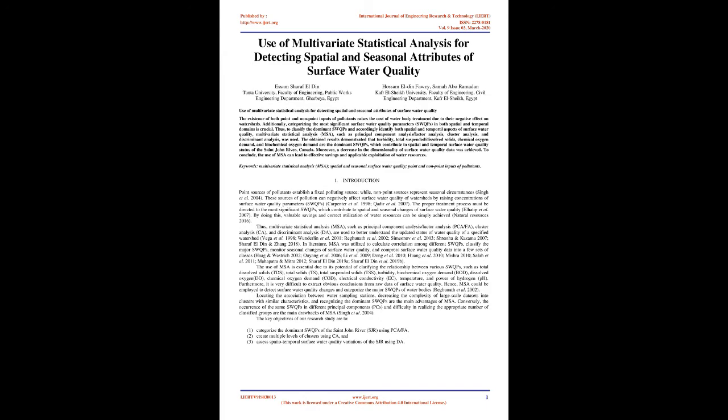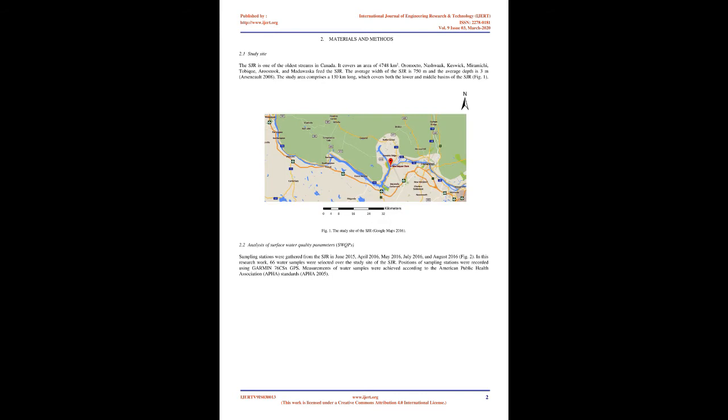The proper treatment process must be directed to the most significant SWQPs, which contribute to spatial and seasonal changes of surface water quality, Elhatip et al. 2007. By doing this, valuable savings and correct utilization of water resources can be simply achieved.